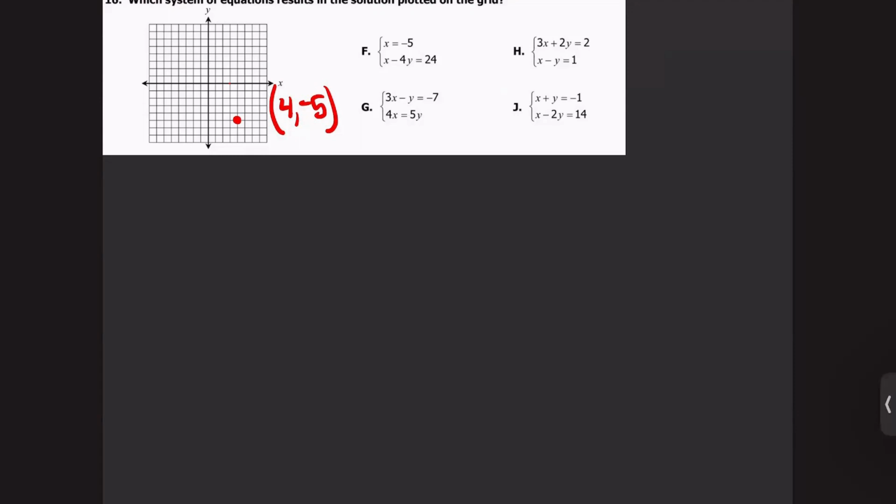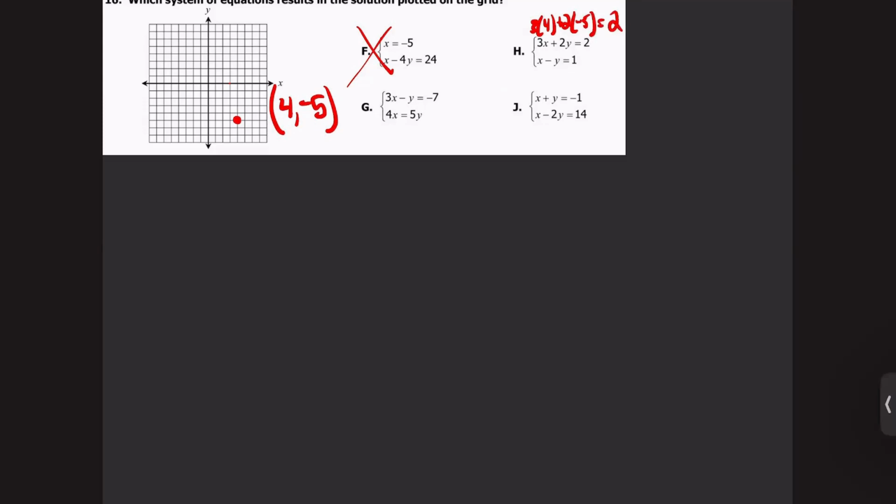Well, I can go ahead and tell you that it is 100% not f. Why? Well, because our x value equals 4, and this is saying x equals -5. We already know that to be incorrect. All you're doing here is substituting to see if we can make this true, okay? So if I substitute 4 here, 3 times 4 plus 2 times -5 equals 2.